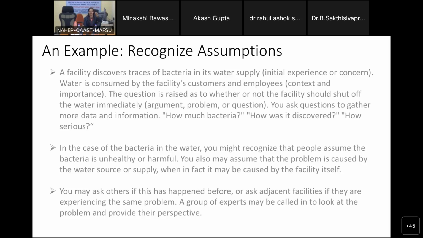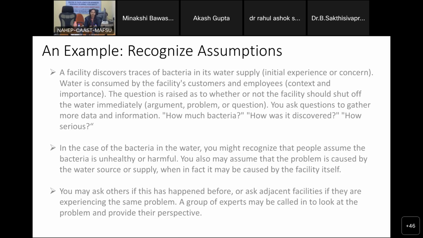So in this example, if you read through it later, or maybe now also, in the case of bacteria in the water, you might recognize that people will assume bacteria is unhealthy and harmful. That is the fixated mind, that bacteria is always harmful.